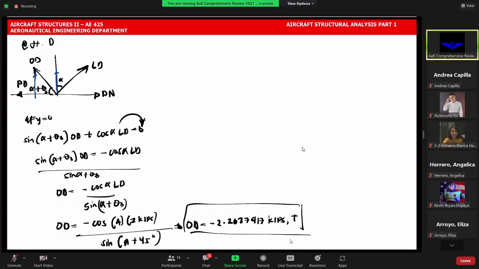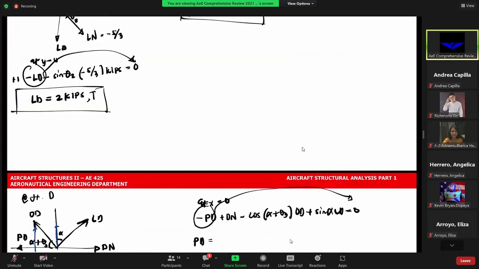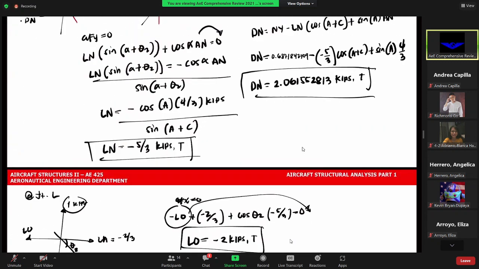Okay? Summation forces X is equal to 0, negative PD, positive DN, negative cosine alpha plus theta sub 3 OD plus sine alpha LD is equal to 0. So PD ang hinahanap dyan. Transpose natin sa kabila. Meron tayong PD is equal to DN. Ano yung DN natin? Ito. Okay, 2.06.